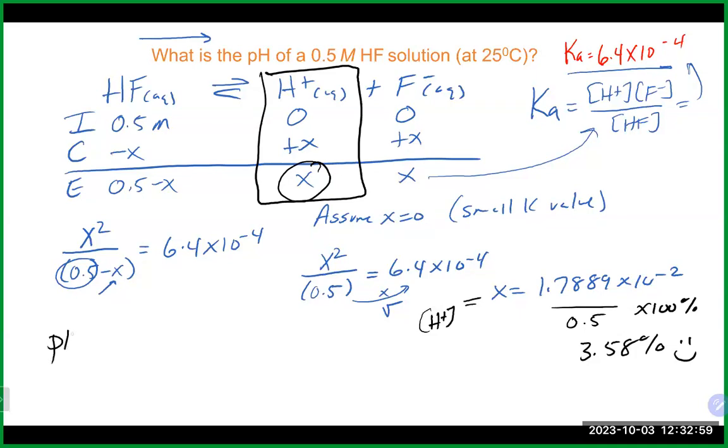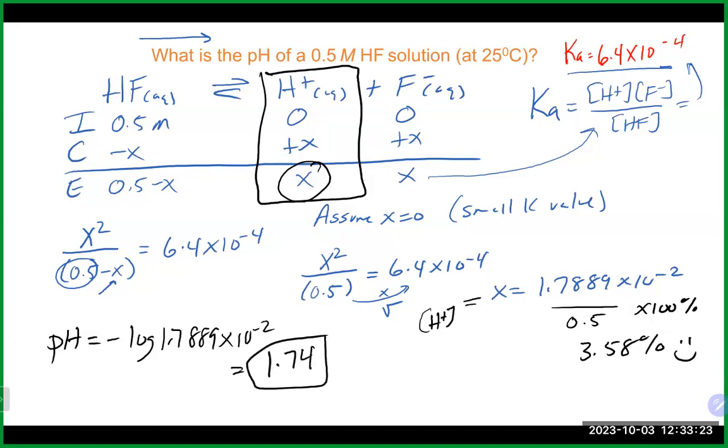So we go into our pH, minus the log of 1.7889 times 10 to the minus 2. That's going to give me a pH in this case of, we'll call it 1.74, give or take.